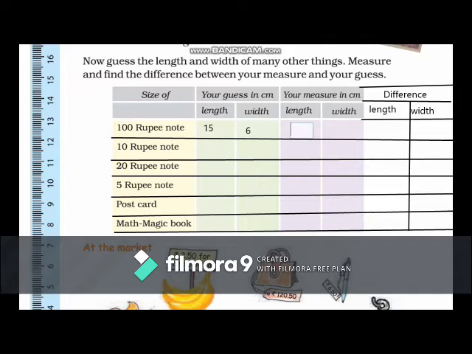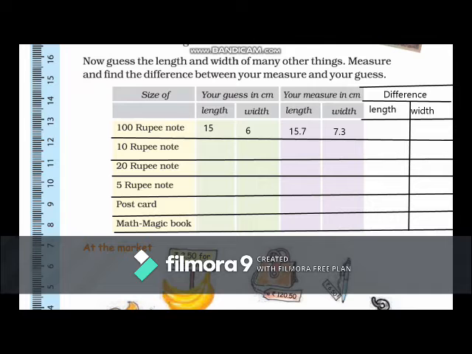When I measured the length of the 100 rupee note, I found that its length is 15.7 centimeter and width is 7.3 centimeter. So let us write it. Now we have to find out the difference between our measure and our guess. This is the measure and this is our guess.